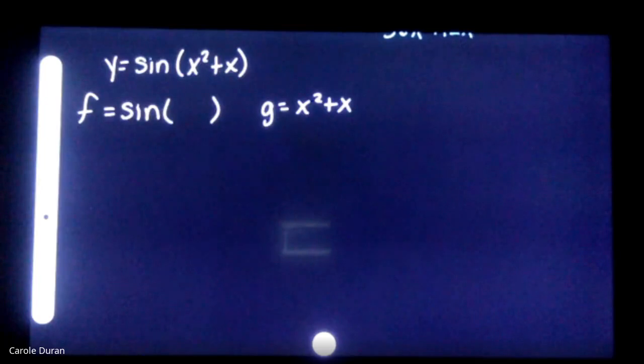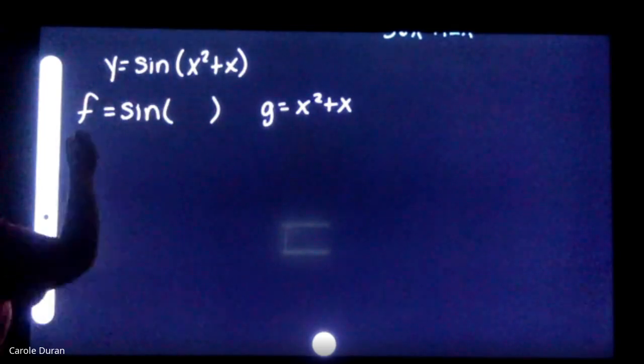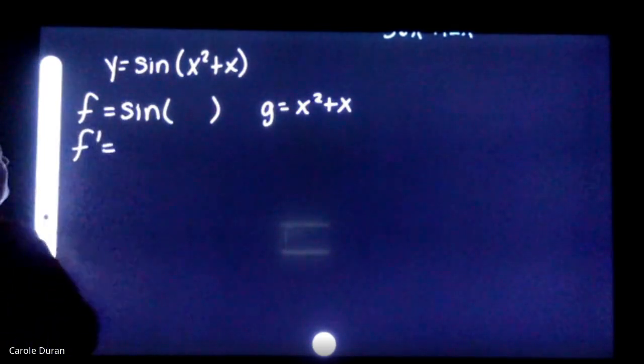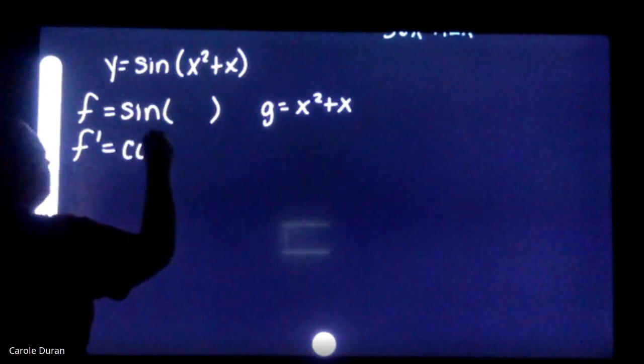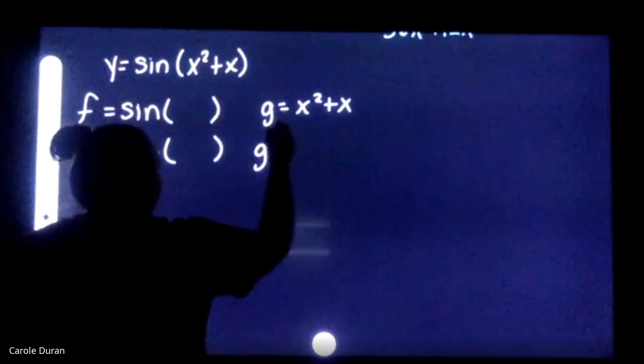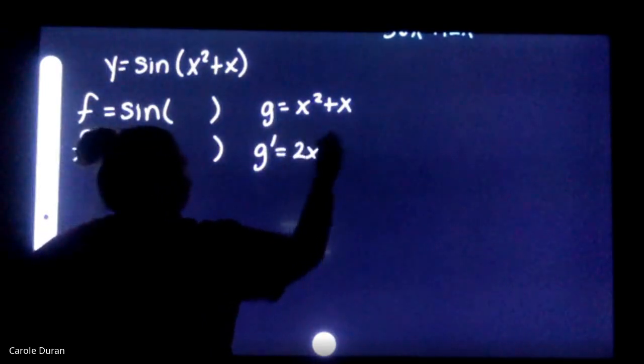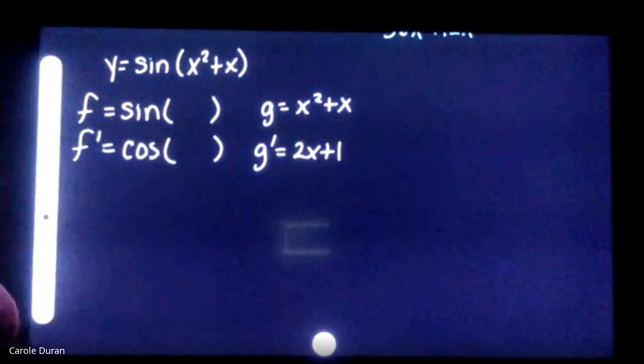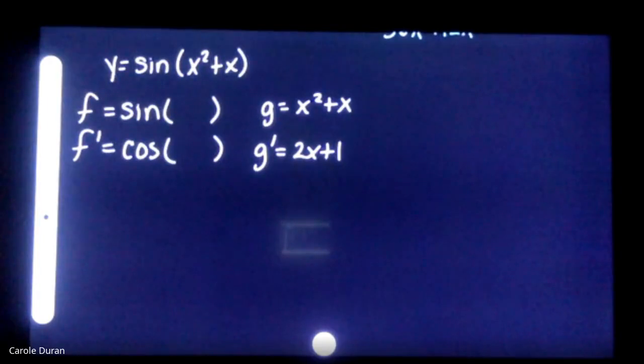Then I'm going to go ahead and calculate the derivative of each of these. So the derivative of sine is cosine, and the derivative of x squared plus x is 2x plus 1. Once I have those 4 things, I can go ahead and write my derivative function.